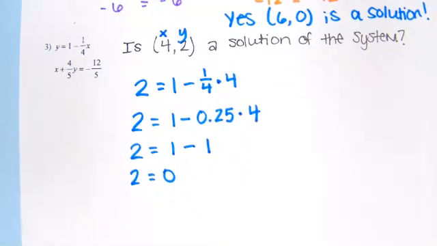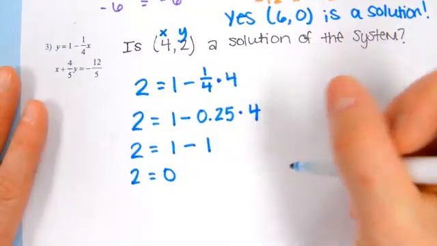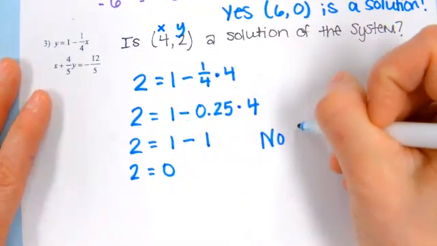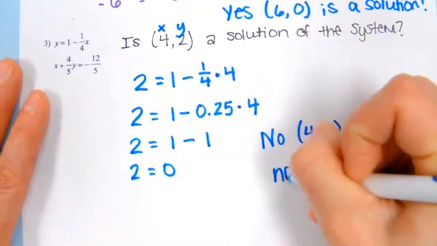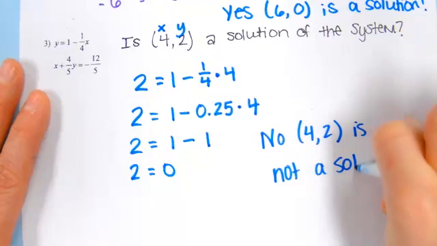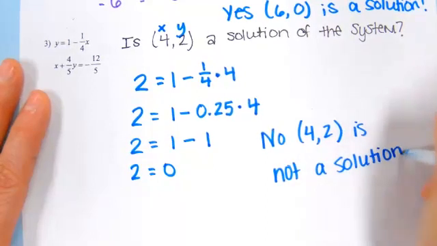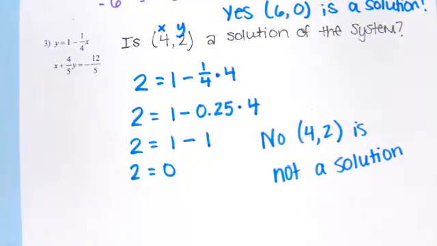And so since we have it not matching, we already know that our answer is no. 4,2 is not the solution of the system. So we don't know what is, and at this point, we're not figuring that out yet. But we're just saying whether or not this one is, and this one is a no.